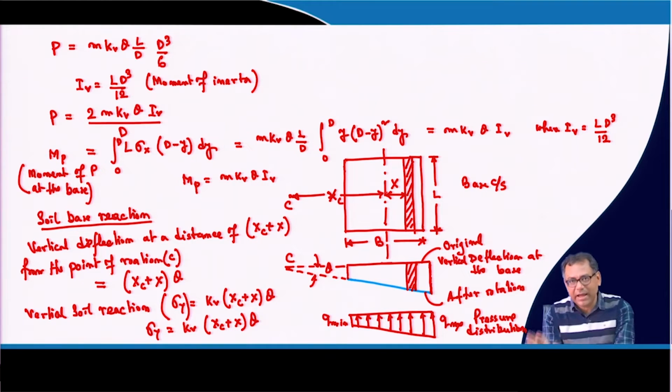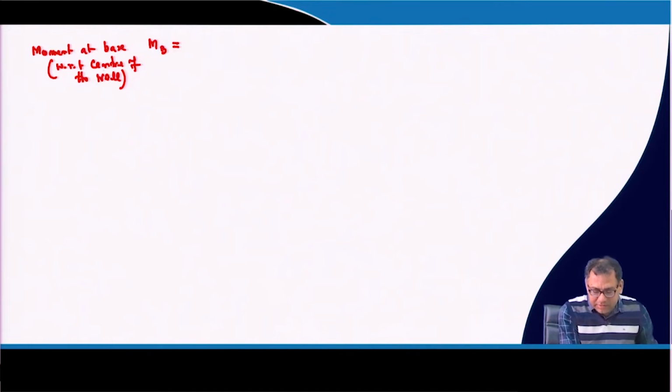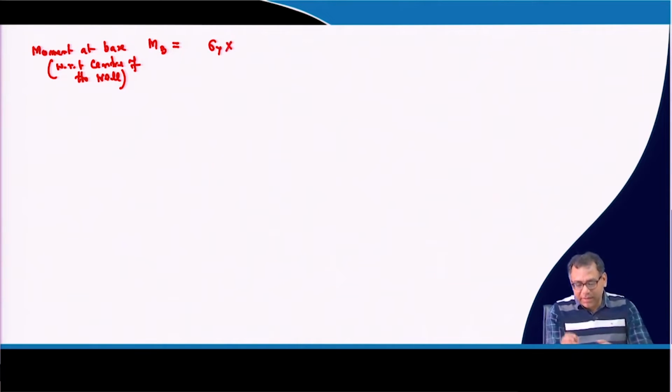So, the distance will be x, center of the well, not the center of rotation or point of rotation, it is center of the well. Remember that is with respect to center of the well. So, that will be sigma y into x, and the x is the lever arm.